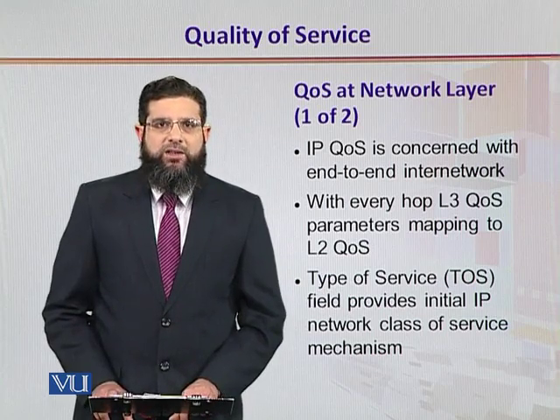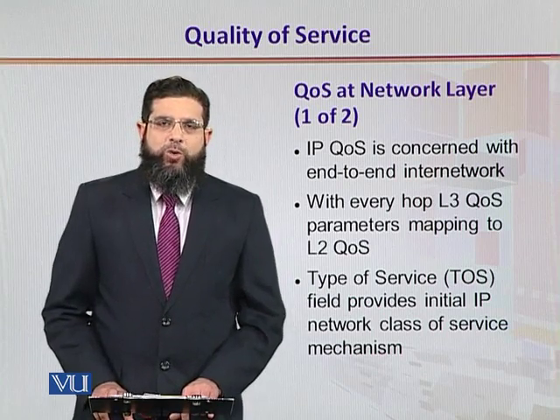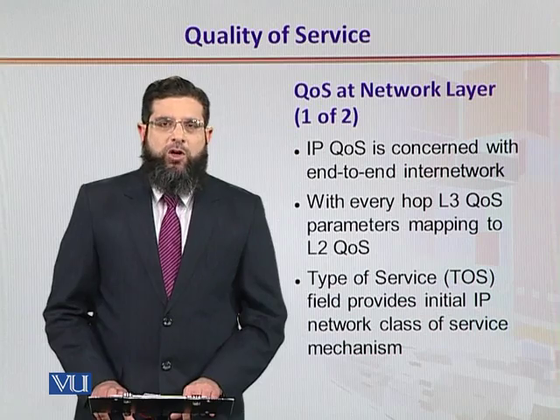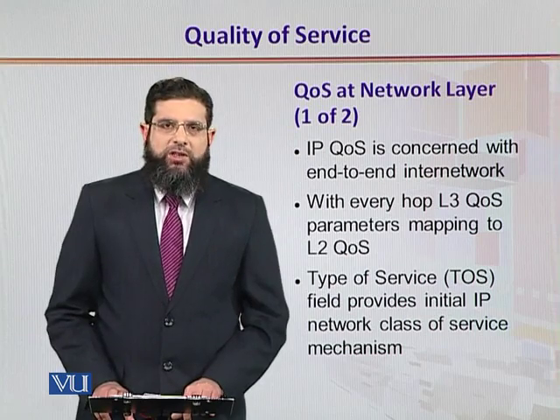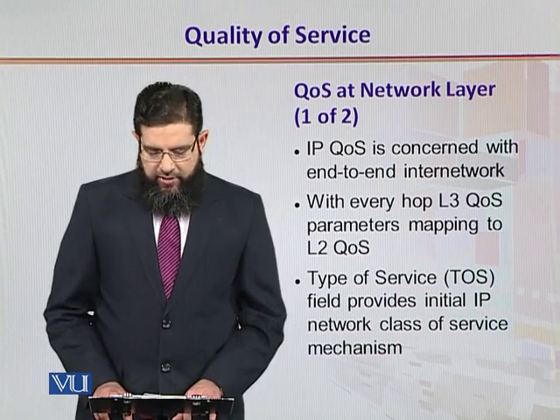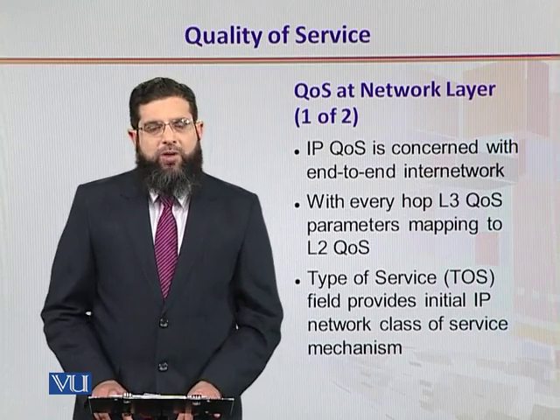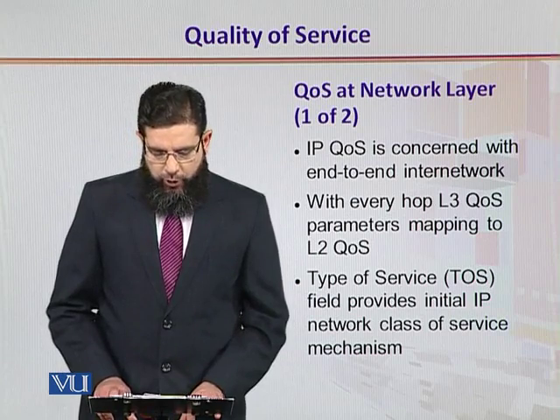It is quite possible that a certain layer 2 quality of service does not meet the layer 3 quality of service. So corresponding translation and mapping must be done. That is why with every hop, layer 3 QoS parameters have to be translated into layer 2 QoS.